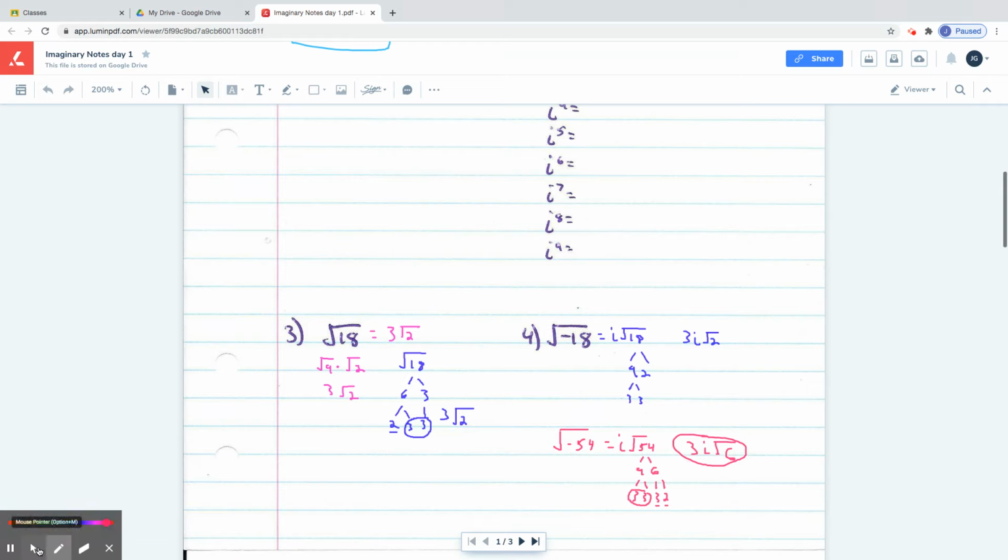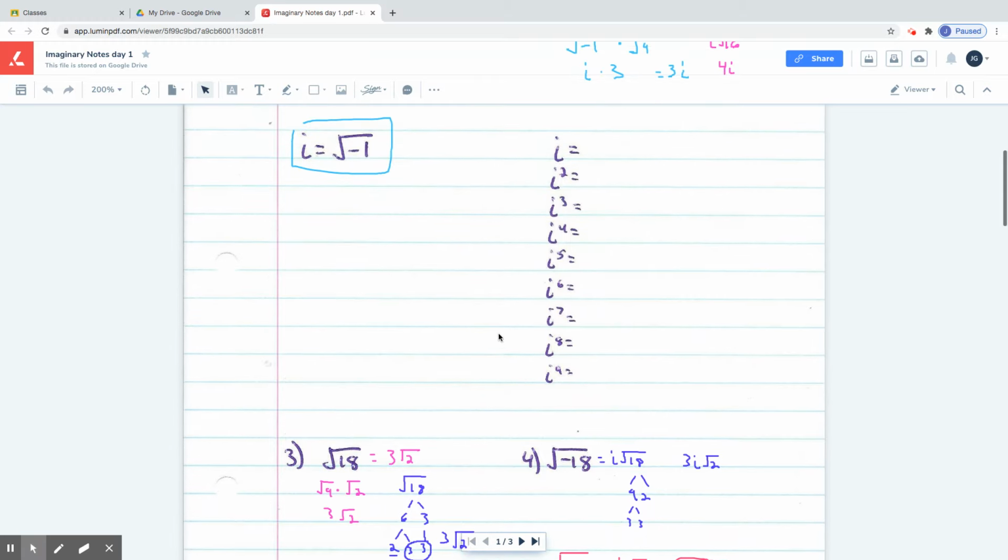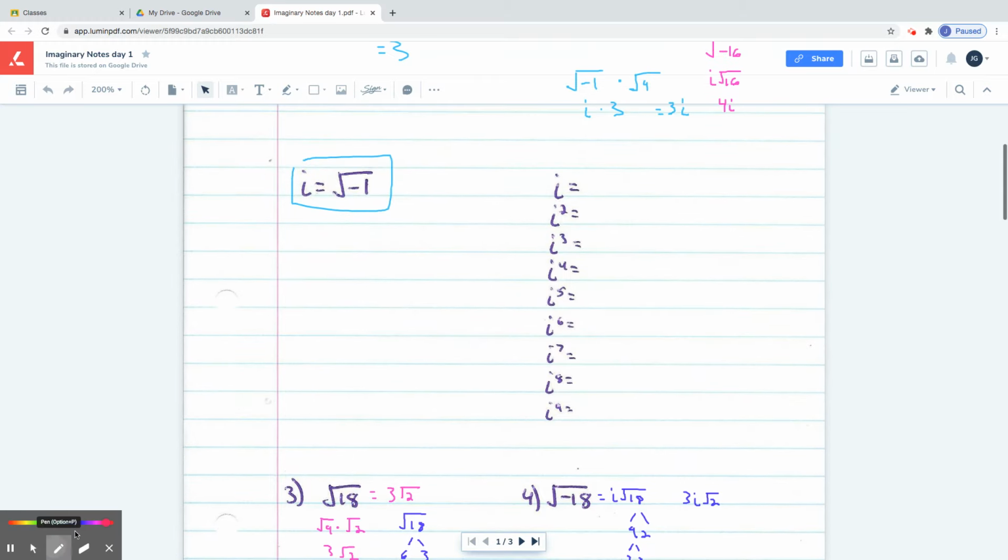All right, now a little bit more about I. All right, and what we call the cycle of I. All right. So I is equal to, all right, the square root of negative 1. Okay.